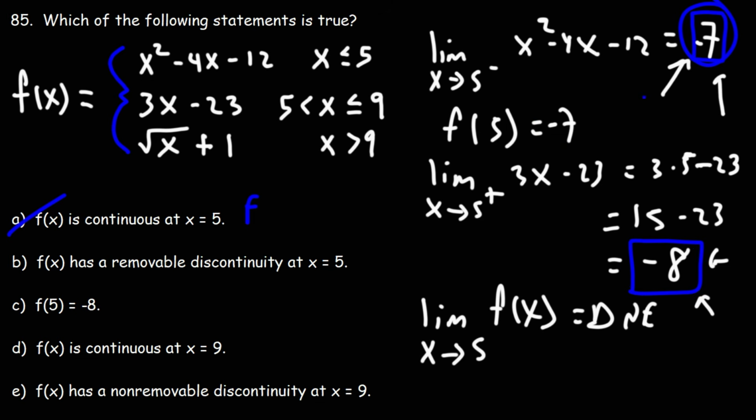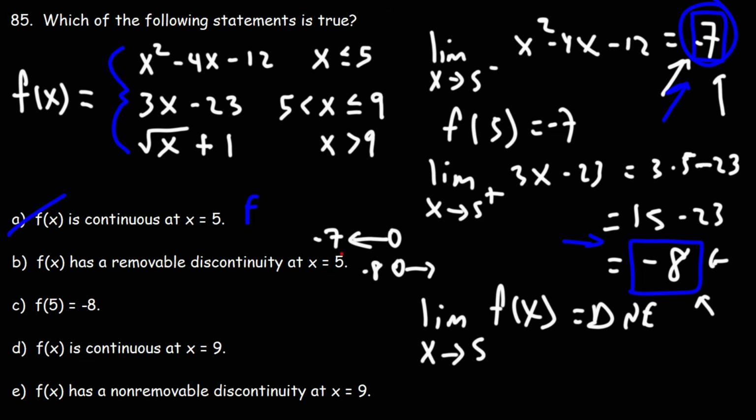But because the left-sided and the right-sided limit do not match, what we have here is a jump discontinuity. So when x is 5 on the left, the y value will be at negative 7. And when x is 5 on the right, or greater than 5, the y value is negative 8. As you can see, there's a jump discontinuity here.